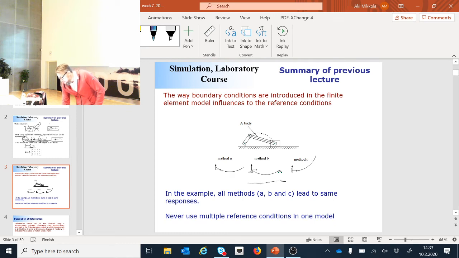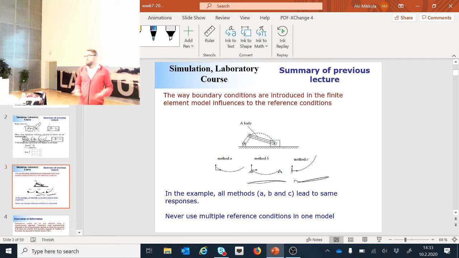Then there was a simply supported beam boundary condition, which eliminates rigid body modes. And then finally, a cantilever beam kind of boundary condition where one end of the beam-like structure is coupled to ground.